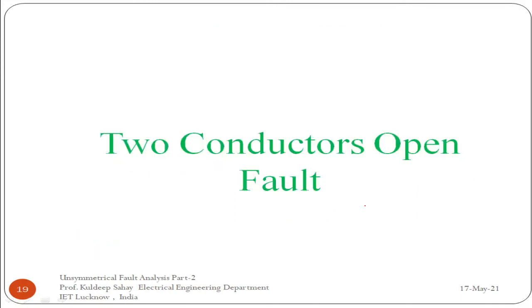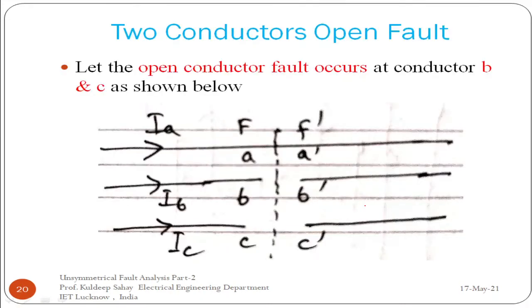Now the first case is the two conductor open fault, meaning any two conductors get open while the third one remains intact. Here in this case, conductor B and conductor C get open at this point.